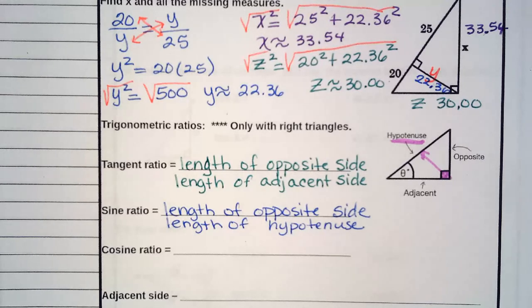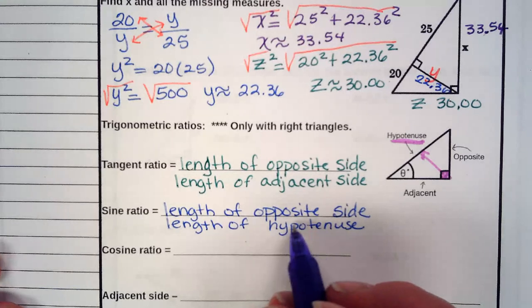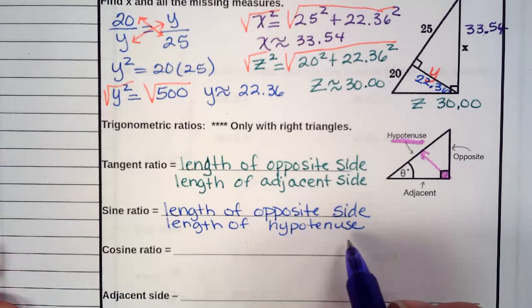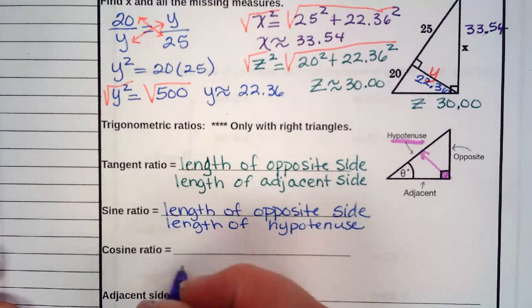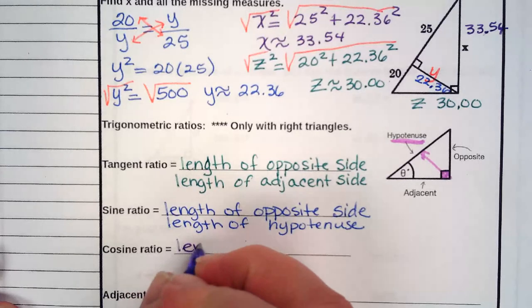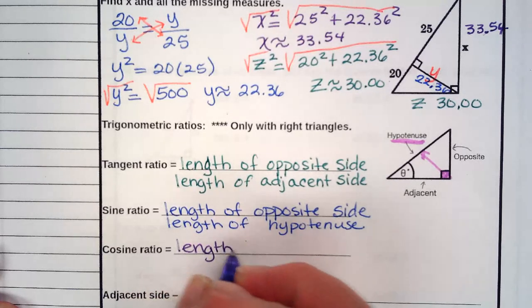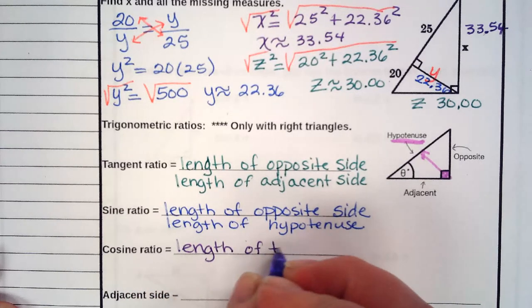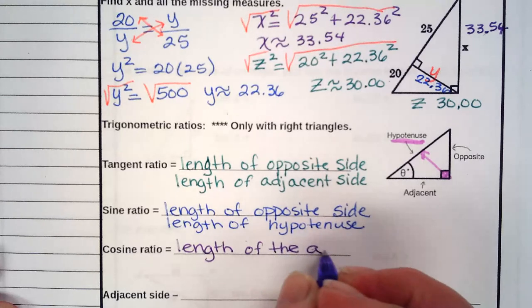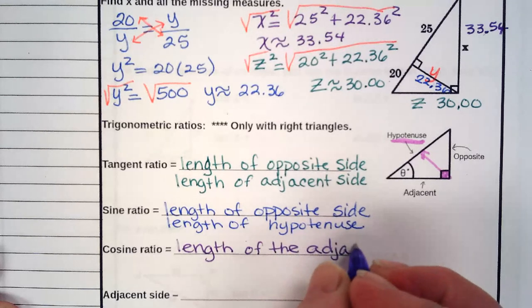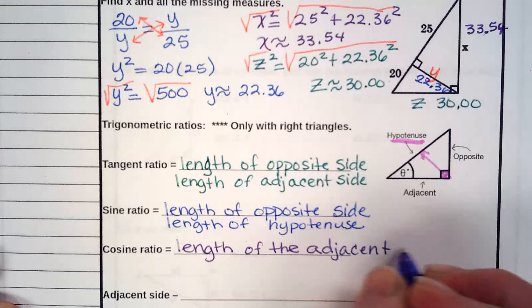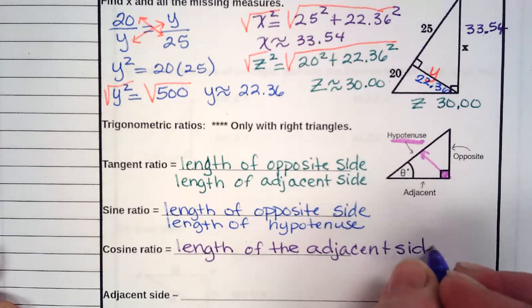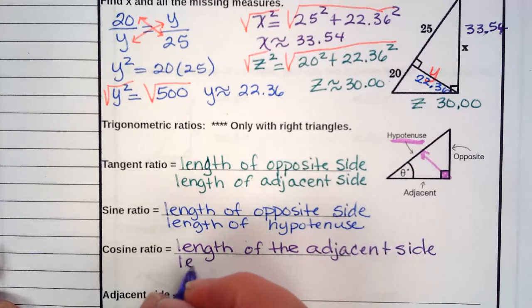So for the cosine, we've already used the opposite side, so now we have to use the length of the adjacent side over the length of the hypotenuse.